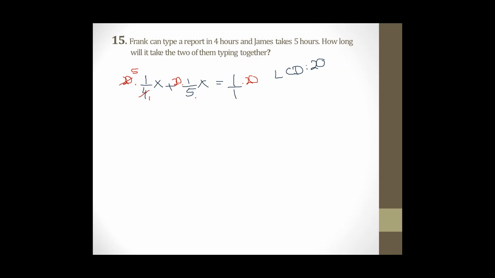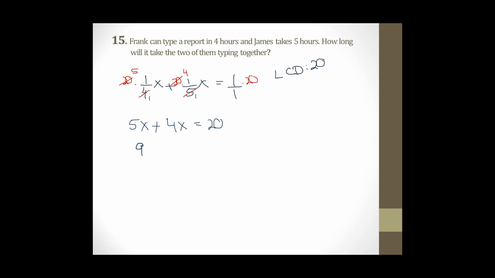Here, both of them share a 5, so 5 goes into 5 once, 5 goes into 20 4 times. Nothing cancels, so I'm rewriting my problem, eliminating the fractions because I don't like fractions. So 5 times 1x is just 5x plus 4 times 1x is 4x, and 1 times 20 is 20.